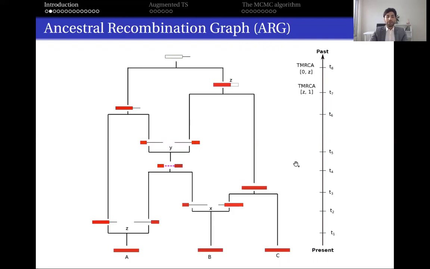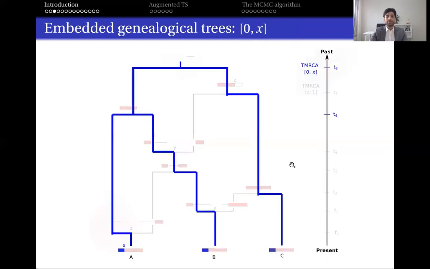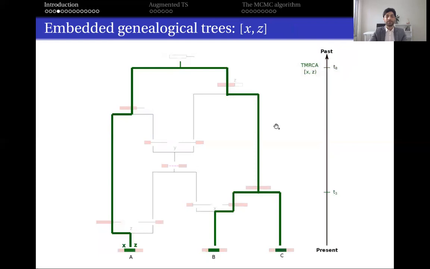The ARG also includes all the genealogical trees at each site. For example, for the segment from 0 to X, we see this tree that suggests first A and B coalesce at time T6, and then they find their most recent common ancestor at T8. Similarly, we can extract other trees.